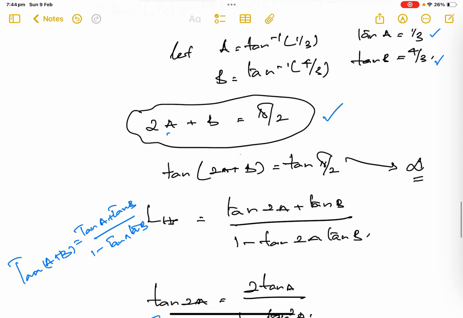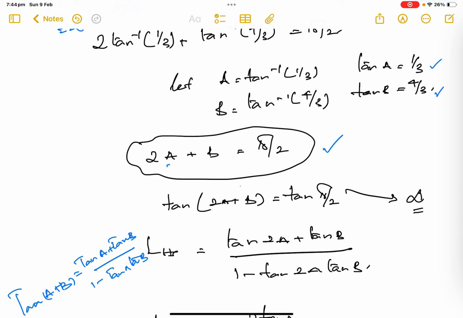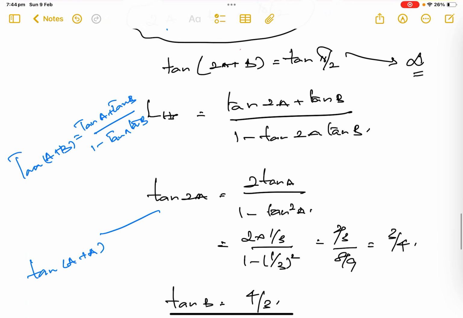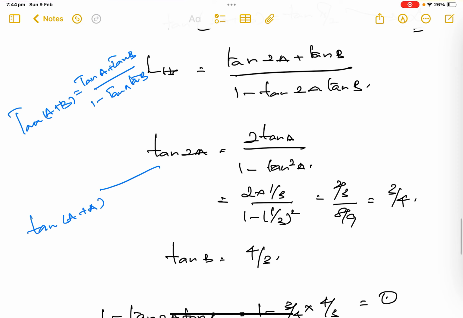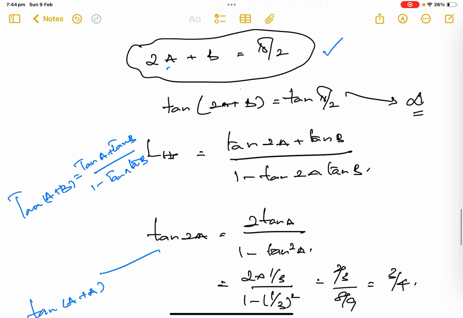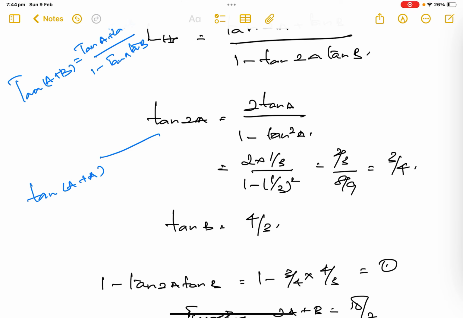Tan A we identified as 1/3. So tan 2A is 2 times 1/3 divided by 1 minus (1/3) squared. The top is 2/3, and the bottom is 1 minus 1/9, so 9 minus 1 is 8/9.